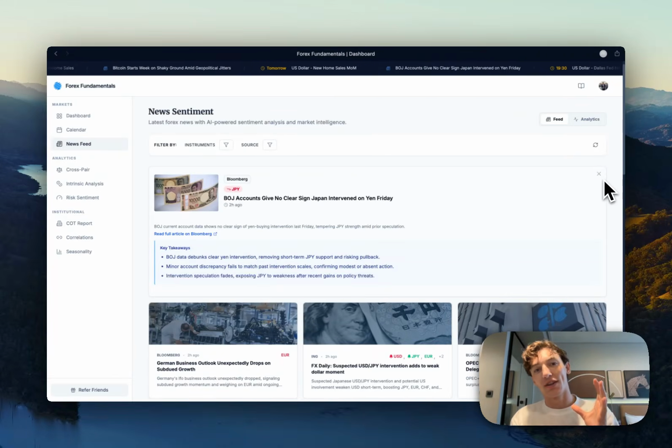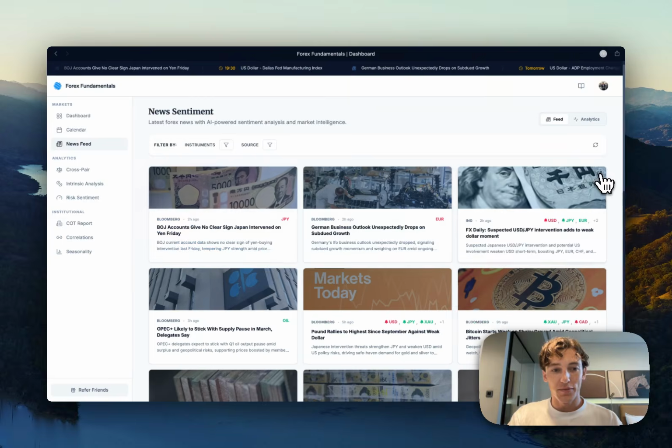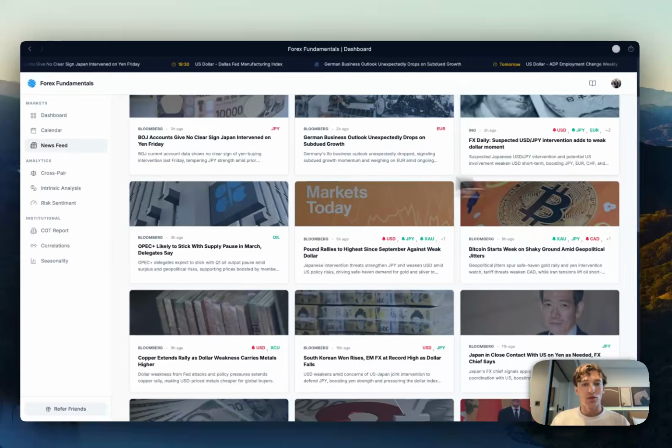It's based on, one, hard data, like interest rates, inflation, unemployment reports, but on the other hand, you're also very dependent on the news and the overall sentiment, and what is, for example, happening in terms of geopolitics.